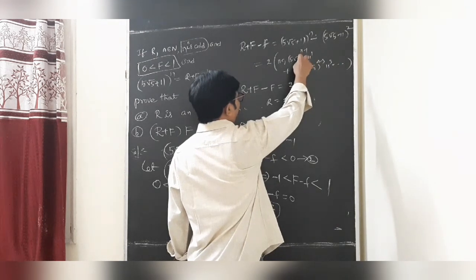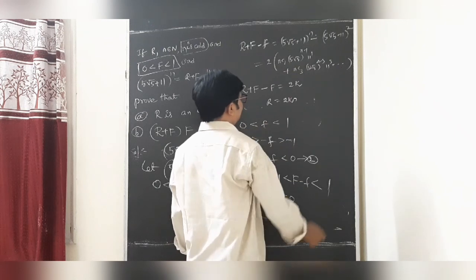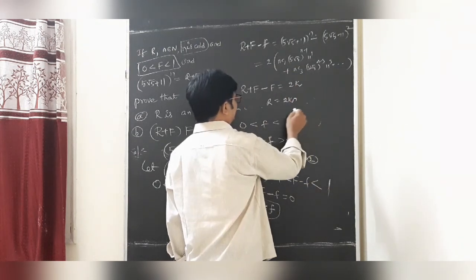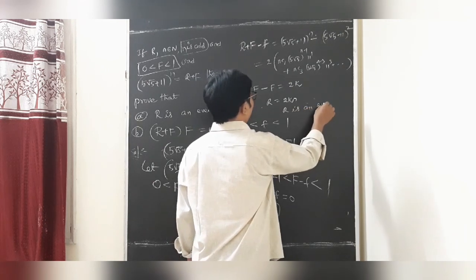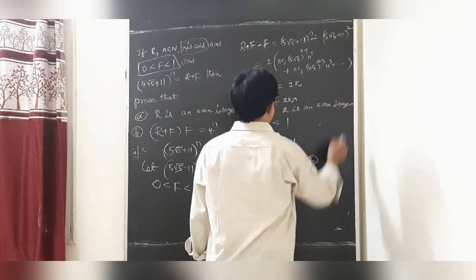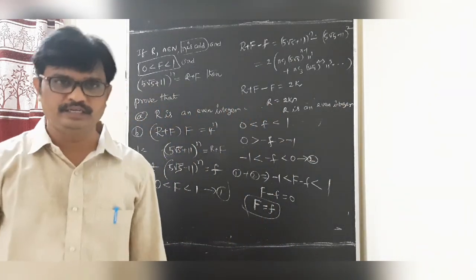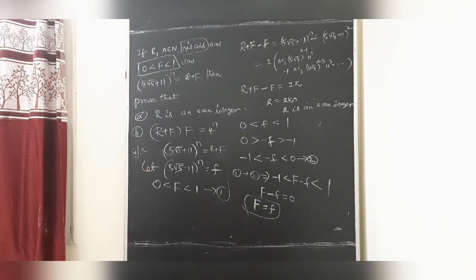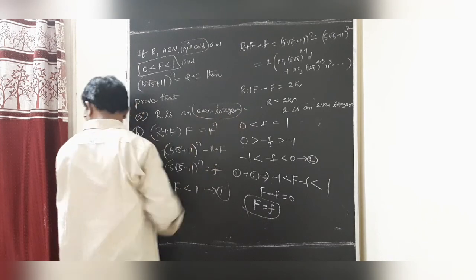Suppose we are taking 3, this is undoubtedly an integer. So dear students, all are integers, 2K is an integer. So therefore students, r is an even integer. Okay students, the first proof is over. My dear students, the first proof is completed.